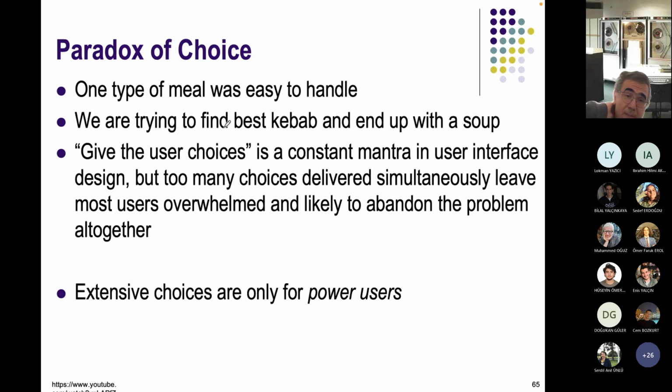So if there is only one type of meal, it's easy to handle. But if you are trying to find the best kebab, we can end up with a soup because choosing is not easy. So giving users choices is a constant problem in user interface design. Too many choices delivered simultaneously leave most users unable to do anything. Extensive choices are only good for power users.